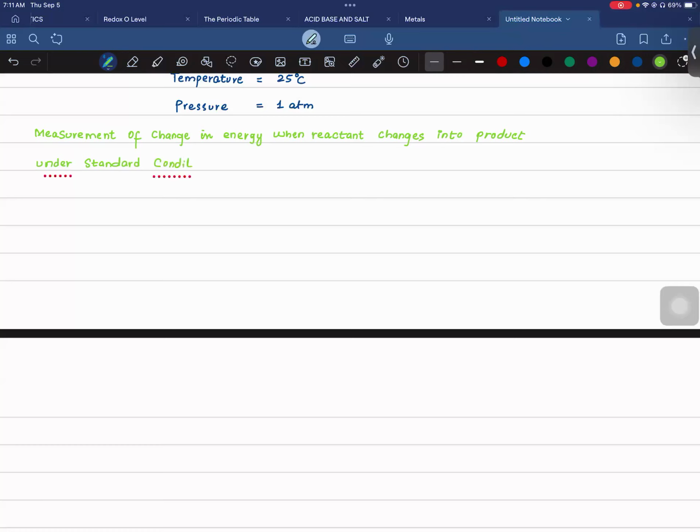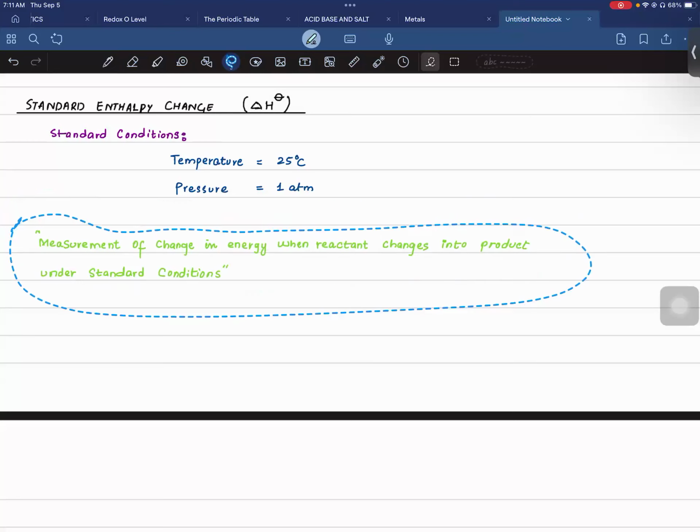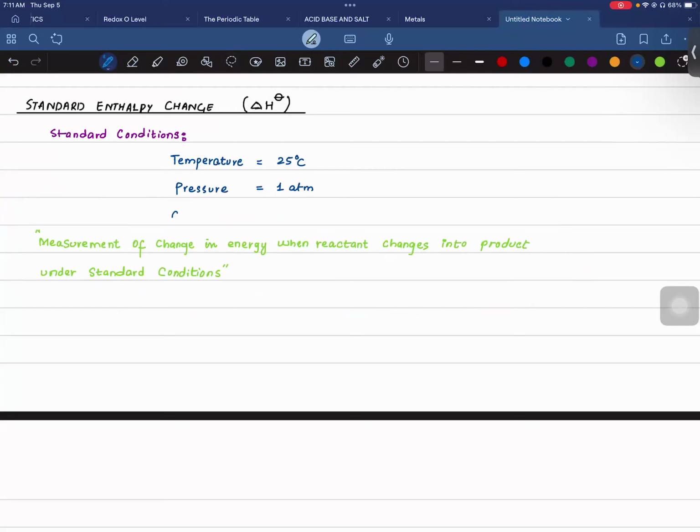And remember, the concentration is 1 mole per decimeter cube.